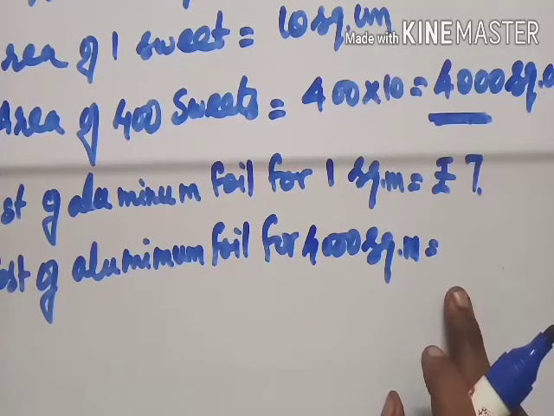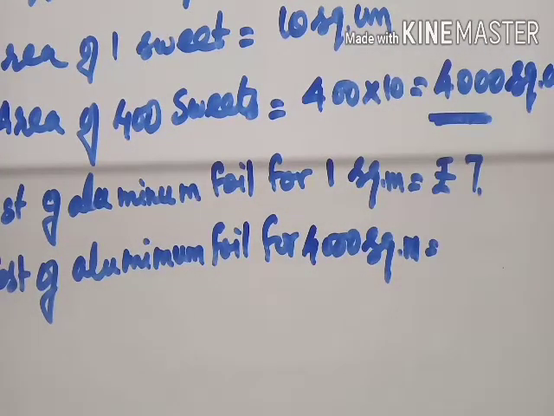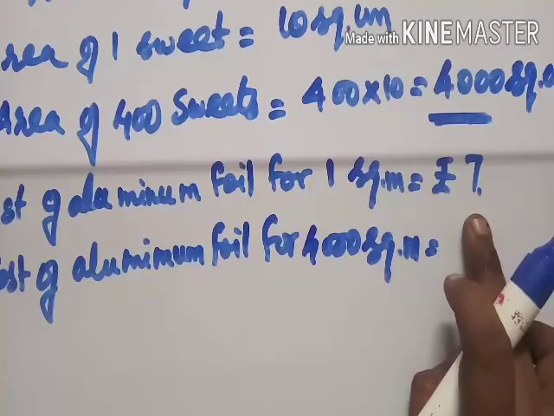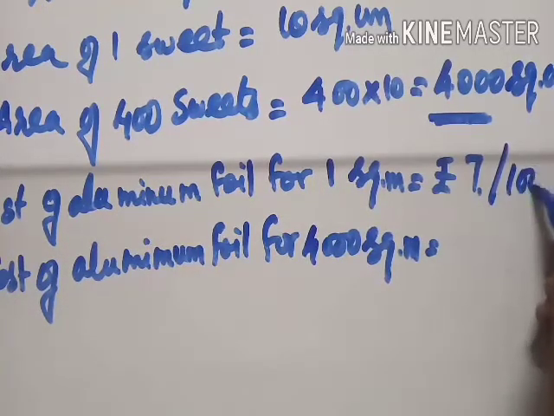What is given in the question is the cost of aluminium foil used for 400 such sweets at the rate of rupees 7 per 100 square meter. That is, this rupees 7 is for 100 square centimeter.